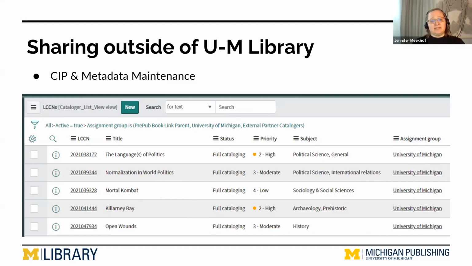And if a DOI is not present, a set group of people get an email with that DOI, the ISBN, and the title. I've shared our view of our CIP portal because we started submitting CIP for Michigan Publishing.